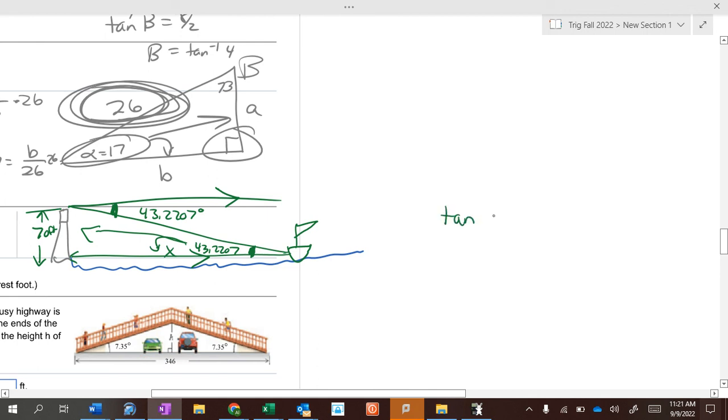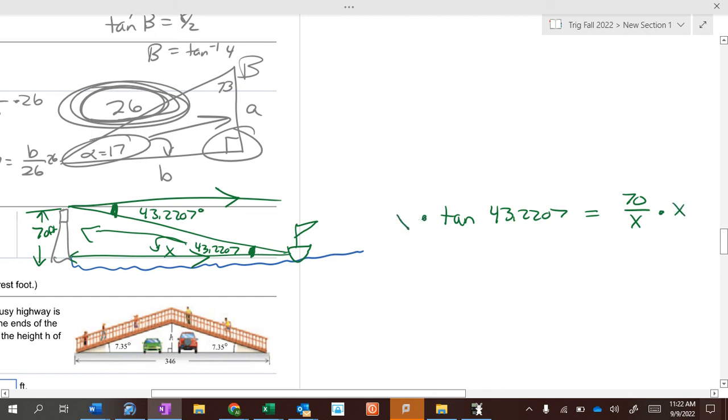Opposite and adjacent is tangent. So the tangent of my angle, 43.2207. It's always tangent of the angle, not tangent of the side. Tangent of the angle equals the opposite side over the adjacent side. How do I solve for x if x is in the denominator? How do we get x out of the denominator? Multiply by x.